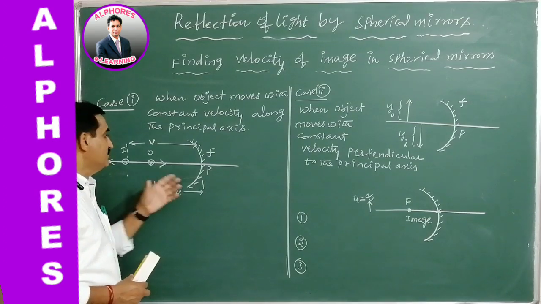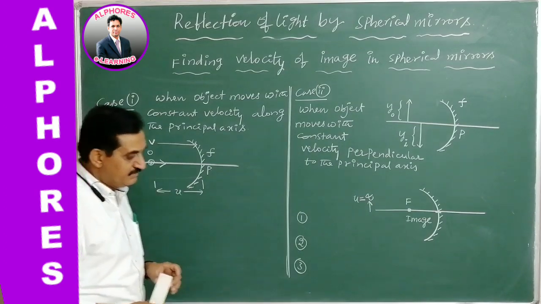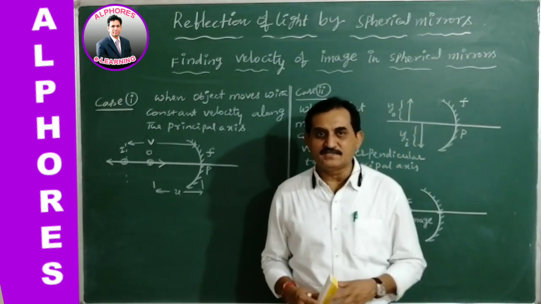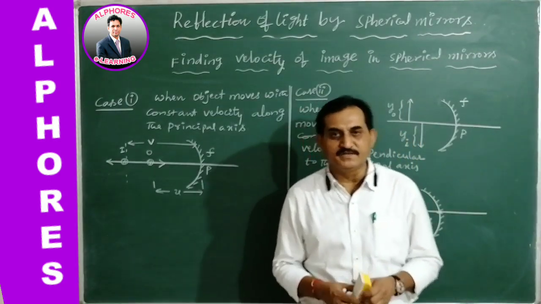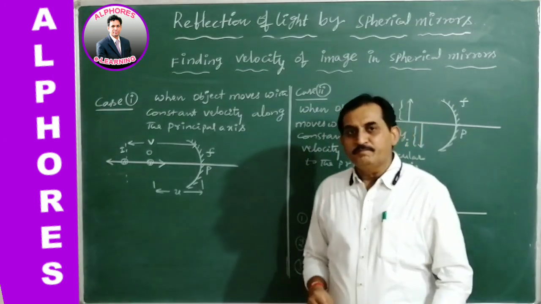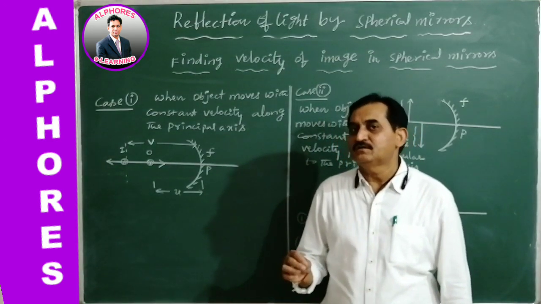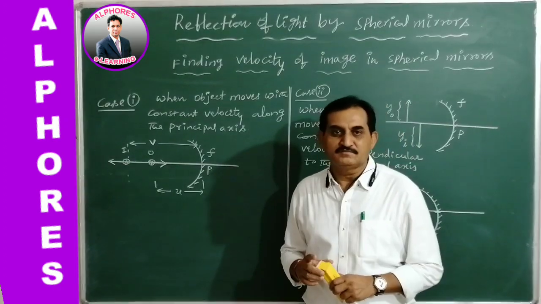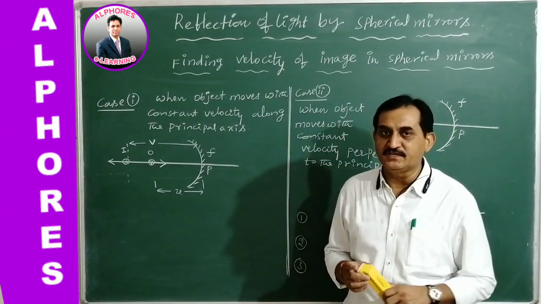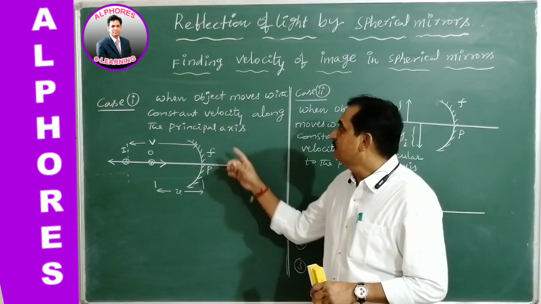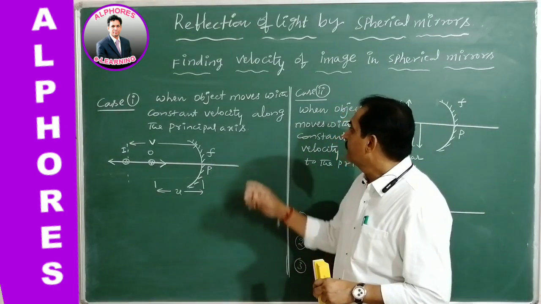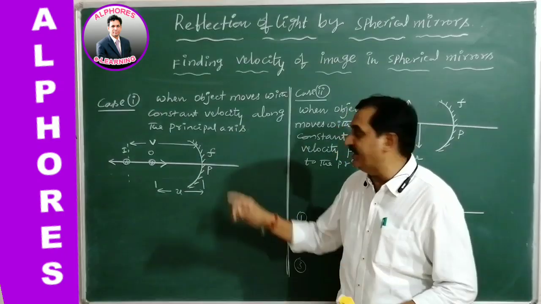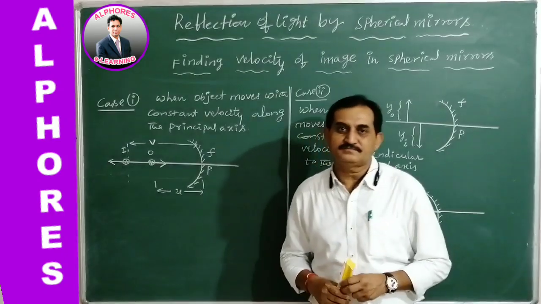Before going to this, I would like to reveal some points related to finding velocity of image in spherical mirrors. Basically, we have three cases. Case 1 is when the object moves with a constant velocity along the principal axis.